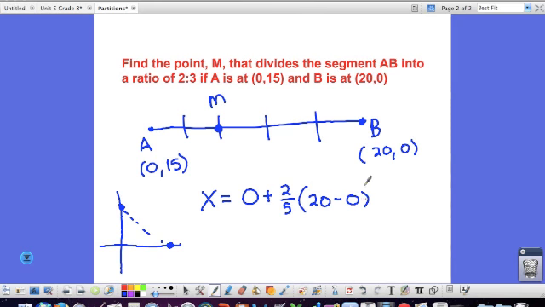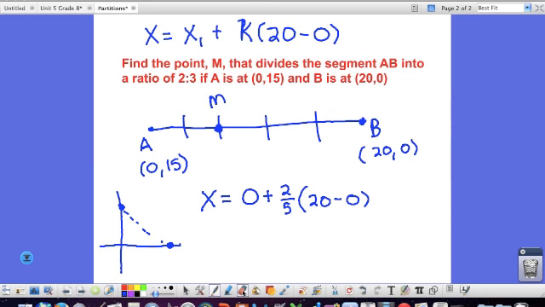If you remember, our formula for x was x1, which in this case is 0, plus our k value, which is our change, which is 2/5, because 2 plus 3 is 5, times x2 value, 20 minus 0.